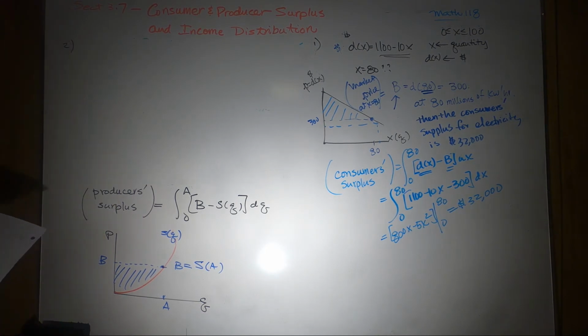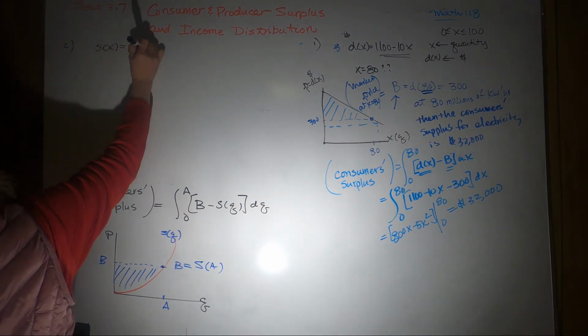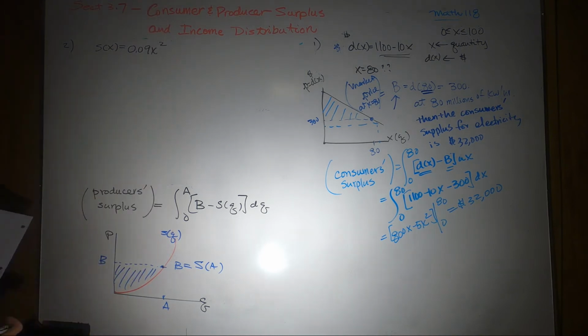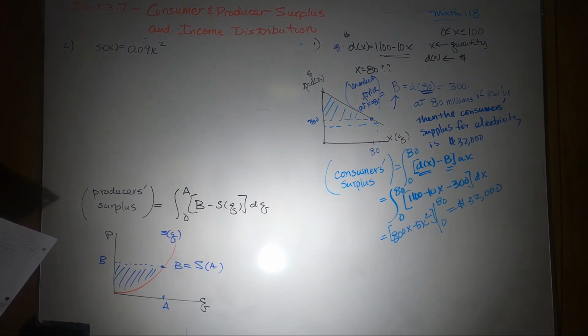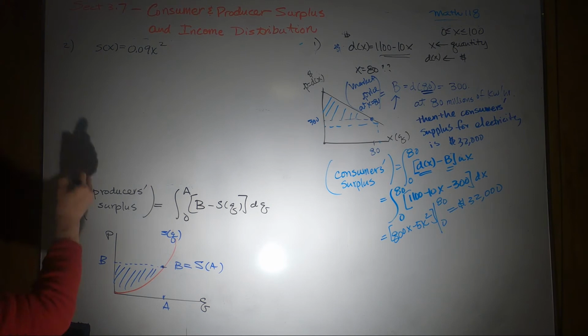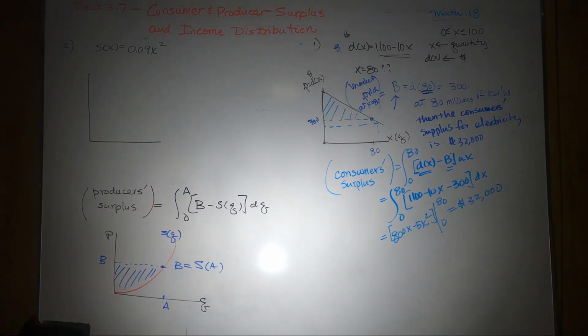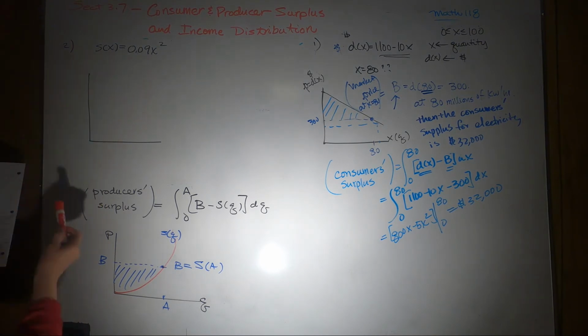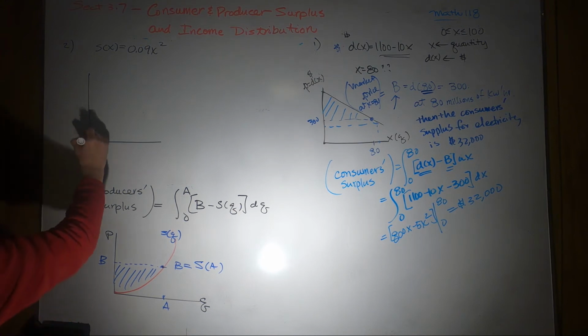Finding the producer surplus. The supply function is S of x equals 0.09x squared dollars. At the demand level x is 200, find the producer's surplus. So we use this graph, right? Then you graph your 0.09x squared, which is a parabola, right?